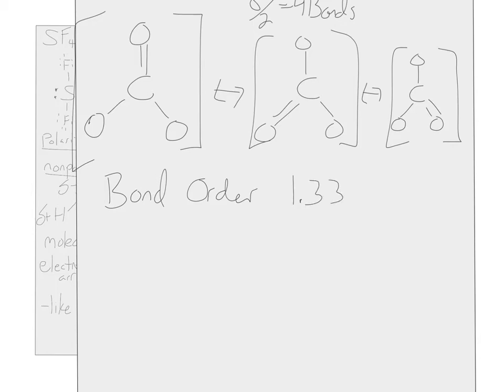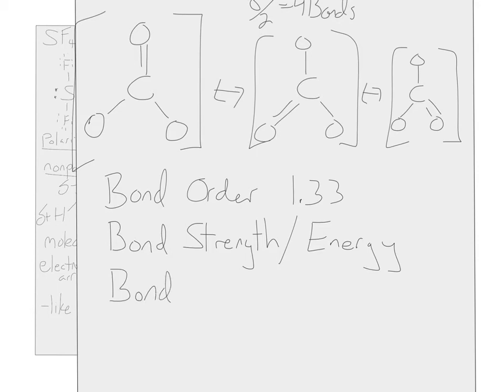They're 1 1/3 bonds. The strength is bigger than a single bond, but it's not as strong as a double bond. So we want to be able to talk about strength and bond energy. And the energy of this bond is between a single and a double. So we know that there aren't single and double bonds in that molecule. We know that they are resonance structures.